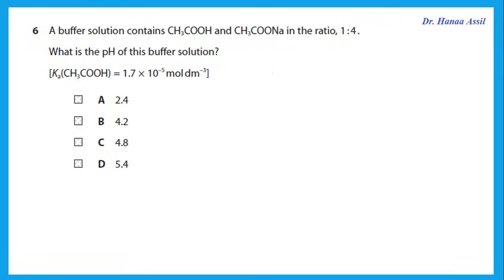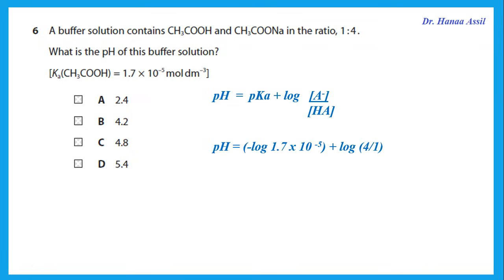A buffer solution contains ethanoic acid and sodium ethanoate in the ratio 1:4. What is the pH of the buffer solution? We're going to remember that this is the equation we use to calculate pH when we're talking about buffers. So pH is pKa plus log of the sodium salt over the acid.